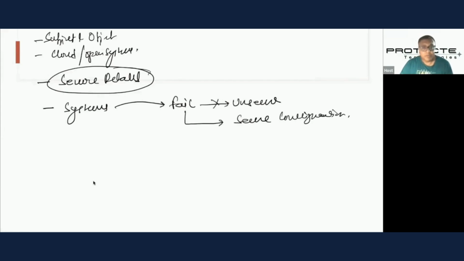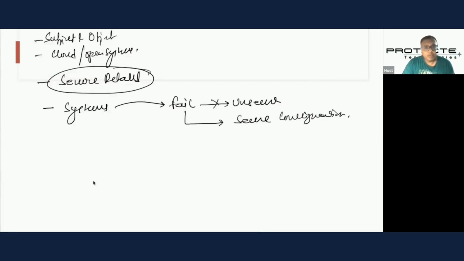Whenever you're designing information systems and you anticipate some kind of failure, it should not happen that at the first pretext your system becomes highly insecure. Even if it is failing, it should fail in a manner that there is a degradation of services in such a way that it is secure, and it should not just fail and become an open system.